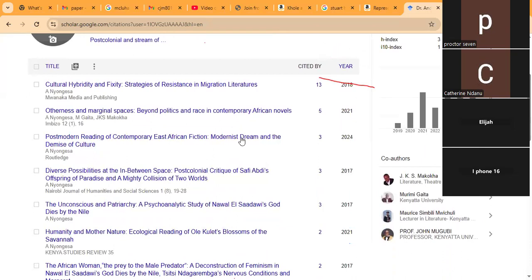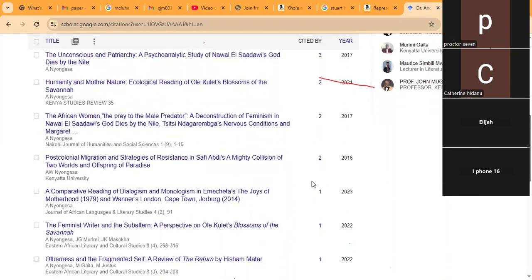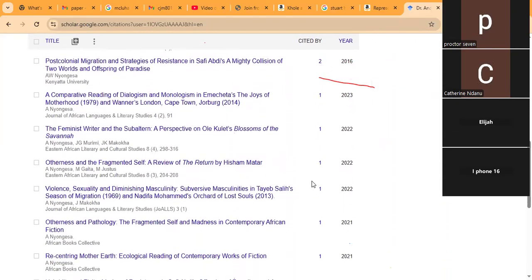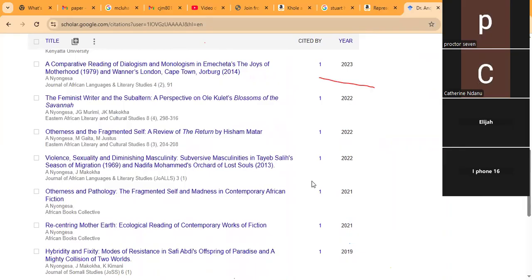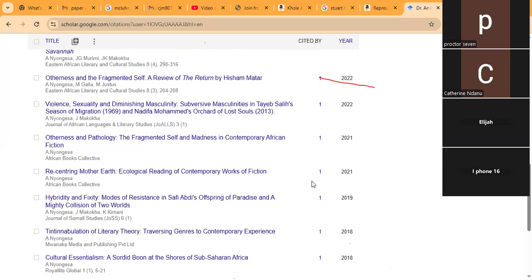There's a book here: A Postmodern Reading of Contemporary East African Fiction: Modernist Dream and the Demise of Culture. So they are not very short, and you can see they're even separated by colons. When we write, people read and then they cite. This is what most scholars do when you write scholarly works, they are recognized on Google Scholar.